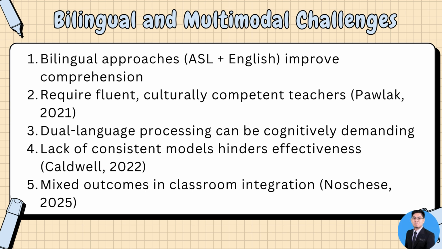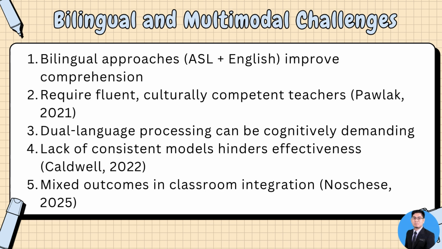But here's the catch. This only works when educators are fluent in both languages and understand DHH culture. Without this fluency and cultural competence, the strategy falls short. Additionally, it's cognitively heavy for students to toggle between two distinct language systems, as stated before by Cadwell 2022.